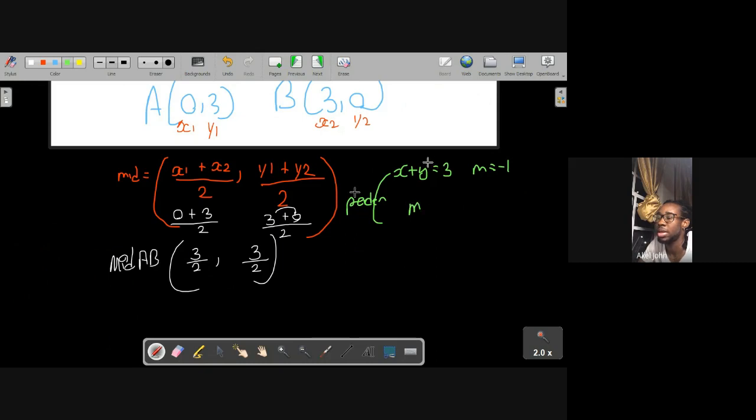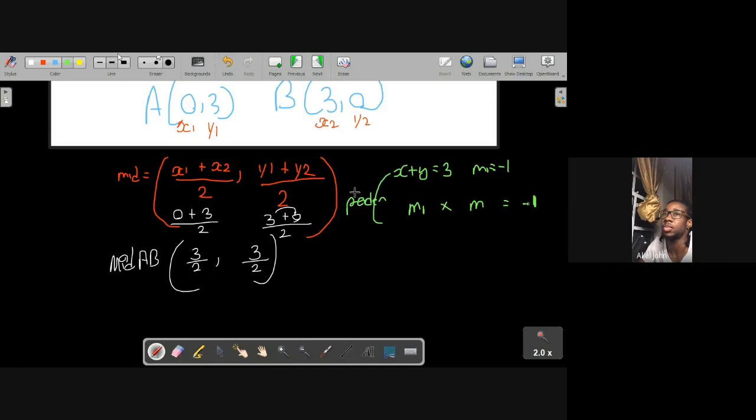remember, let's call the gradient of x plus y equal 3, m1. With perpendicular lines, when the two gradients multiply, the product must be -1.